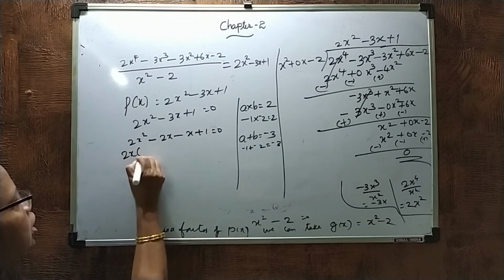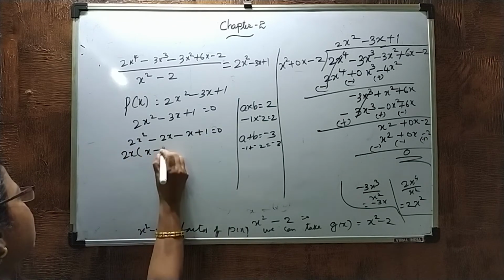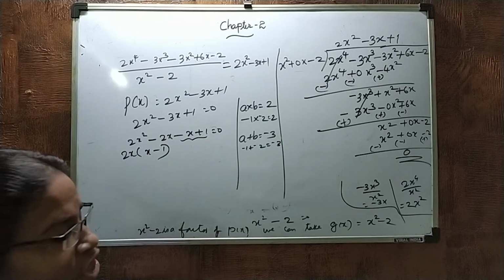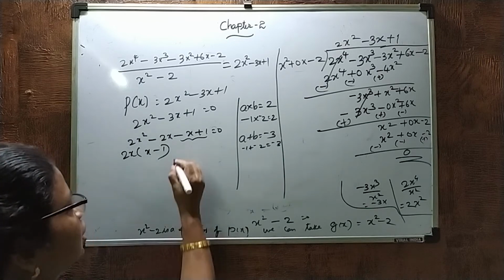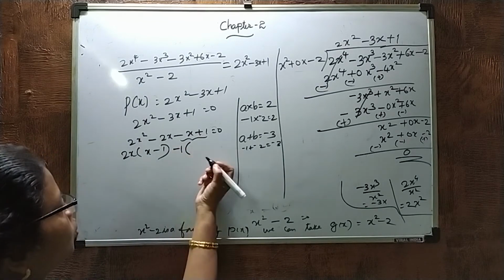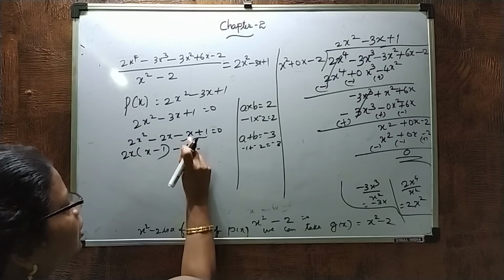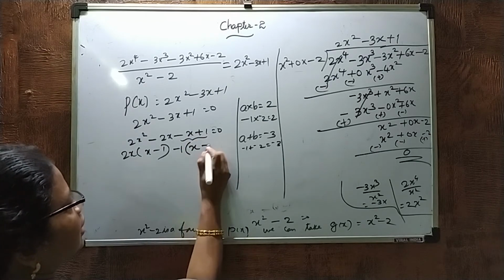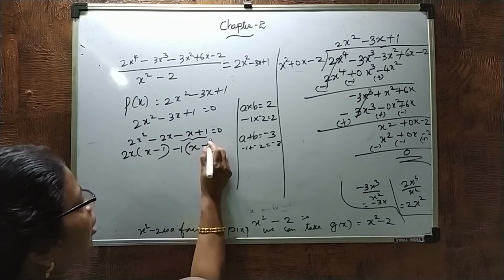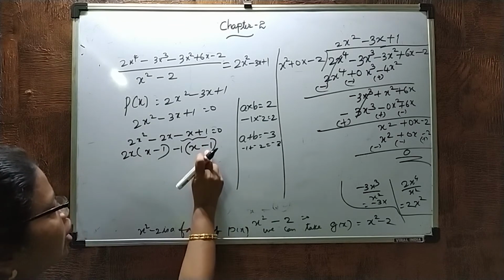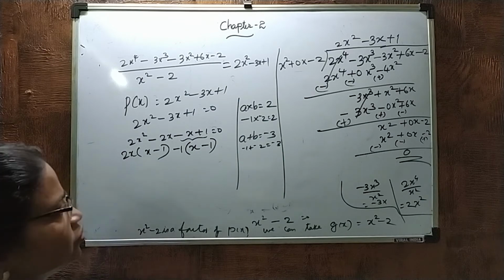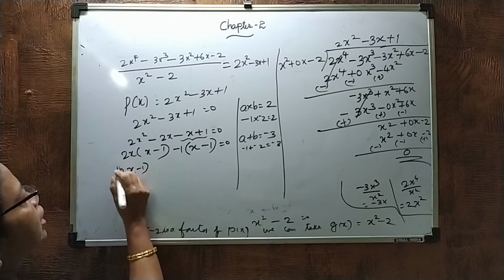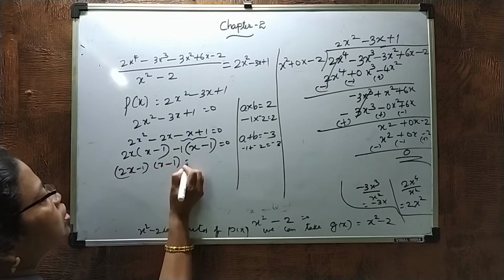2x you are taking outside, it will be x minus 1, and here look, nothing is common. So what do you have to do? Take 1 outside. So minus 1 into x, negative 1 into x, minus into minus will be plus. Then it will be 1, negative 1 into negative 1, positive 1 you got. So equal to 0, and then (2x - 1)(x - 1) = 0.